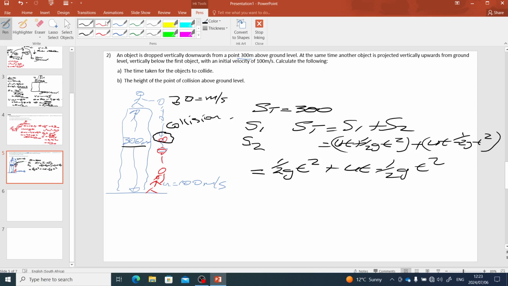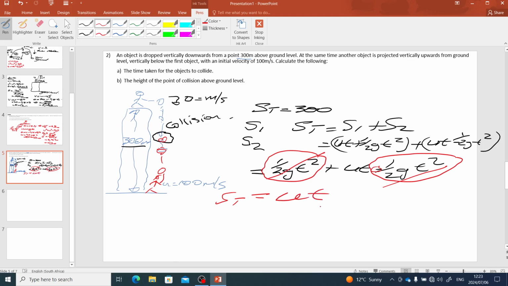Now, when we add the like terms, 1 over 2 GT squared and minus 1 over 2 GT squared, they give us 0. They fall out. Then we are left with ST equals UT.